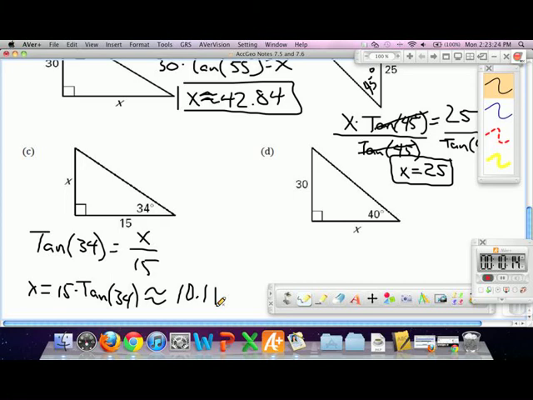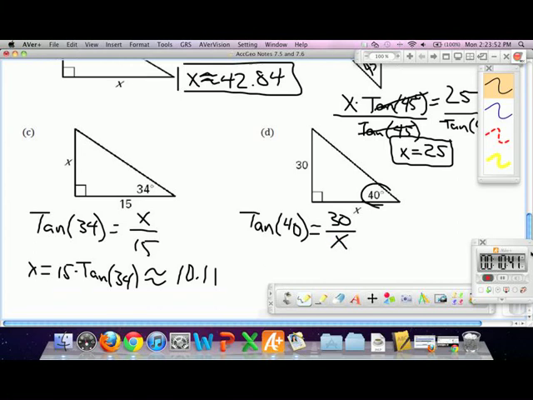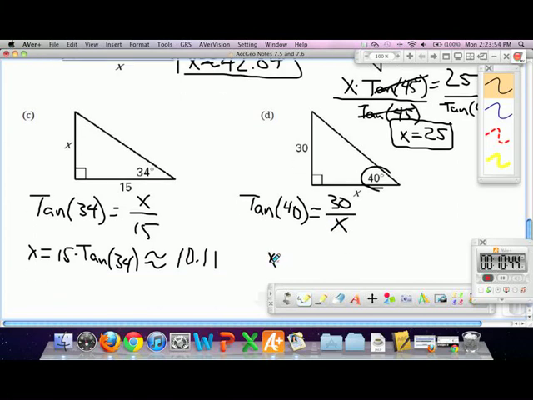Similarly, here you could go tangent of 40 degrees is equal to opposite over adjacent. Then you'd have to multiply both sides by x and divide both sides by tangent of 40, and you'd get x equals 30 over tangent of 40.